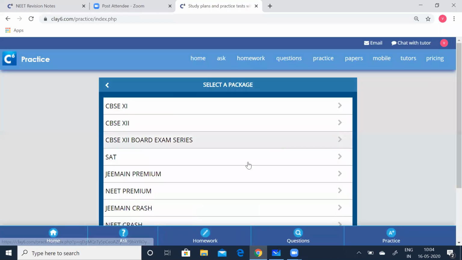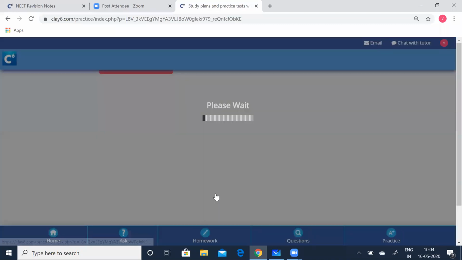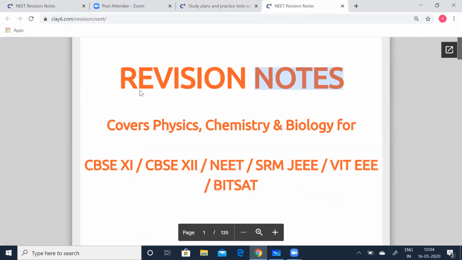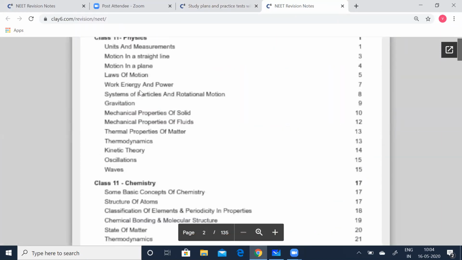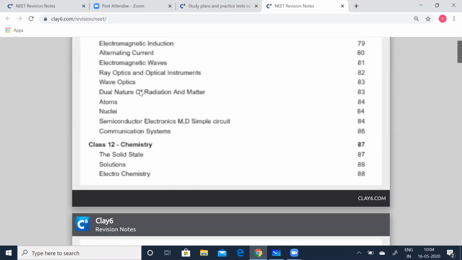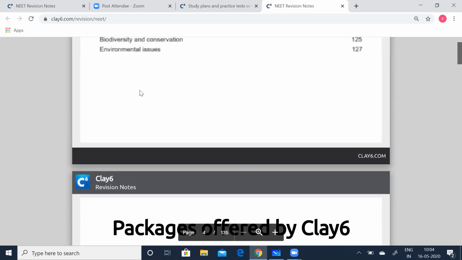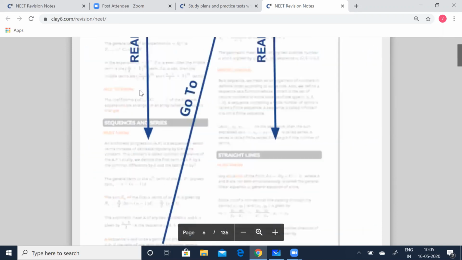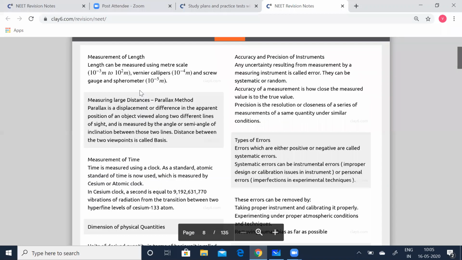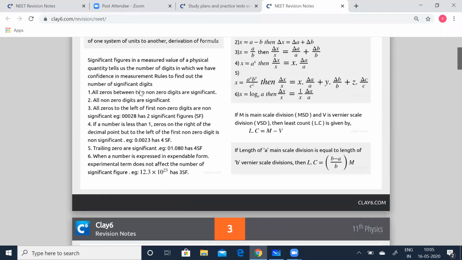Select the package NEET Premium. You have the revision notes here, click on that. You can quickly go through the topics. Whichever topic you select, go through the formulae, which we have summarized. We have done this subject-wise and chapter-wise for all the lessons. So you can quickly go through that and then take the tests.